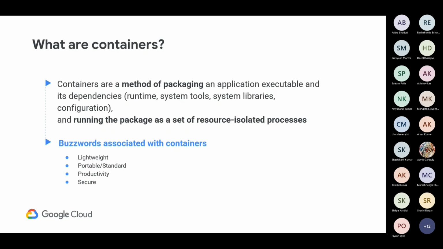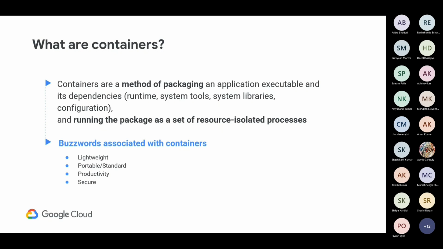A virtual machine virtualizes the hardware, but in Docker or a container, it virtualizes the OS. So for running Docker, we install one host OS, let's say Ubuntu.